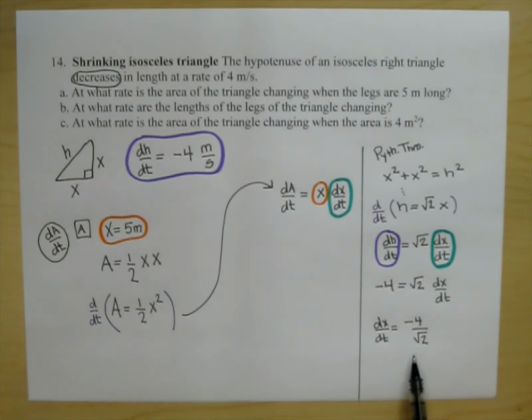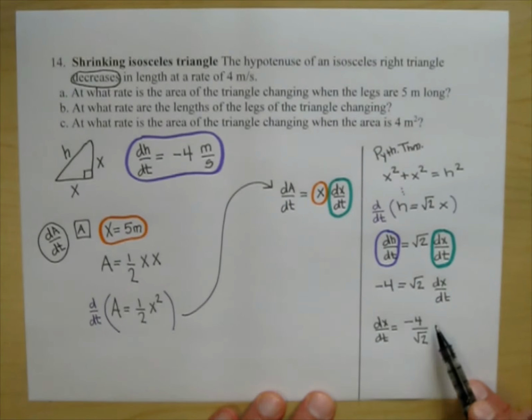Now, this can be simplified. I don't know where I'm going to simplify it, because I'm running out of space here. I'll just do it right here. I can simplify this by rationalizing the denominator. See, if this was like a negative 7 on the top, I probably wouldn't do this, but because it's a 4, watch what happens.